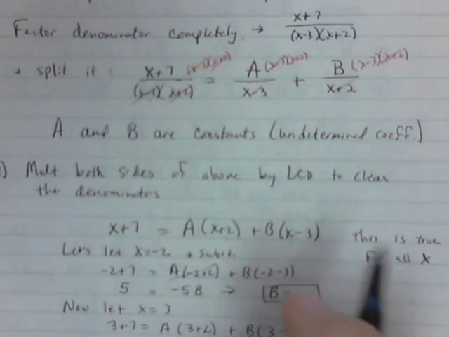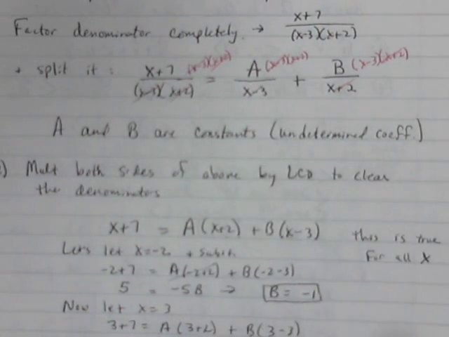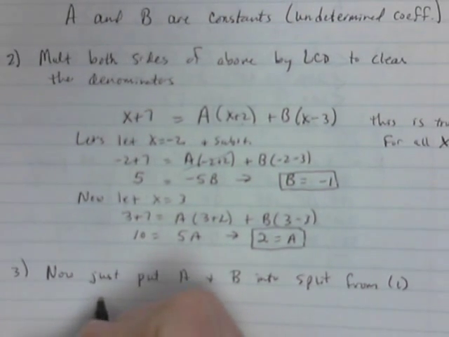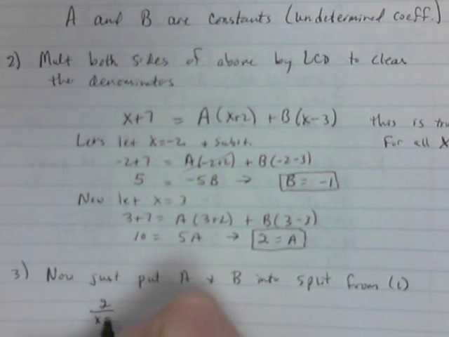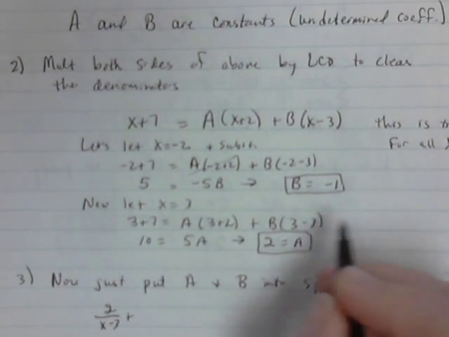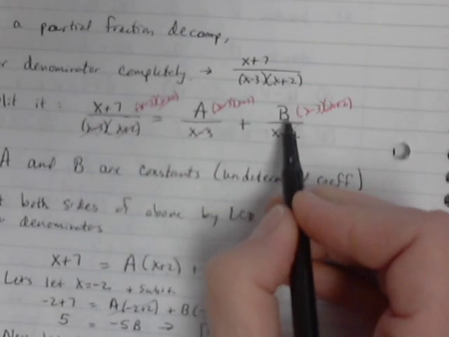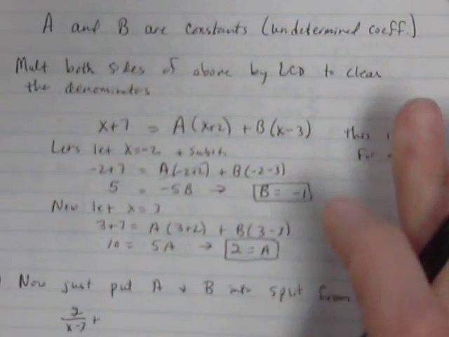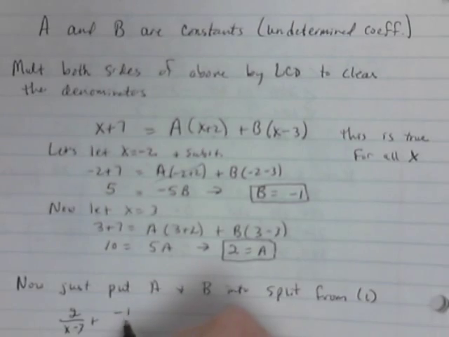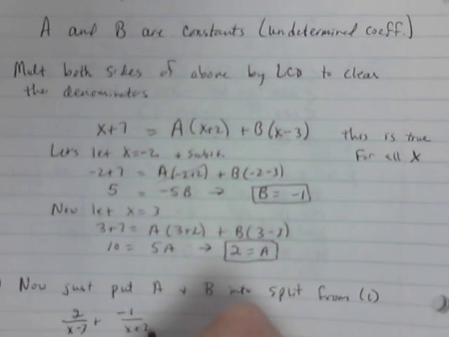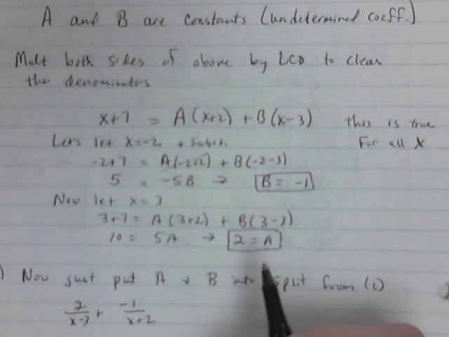So we go up here and we just call this 2 over x minus 3, plus b was equal to negative 1. So you put negative 1 in for this capital B, and we get negative 1 over x plus 2. And that's the partial fraction decomposition.